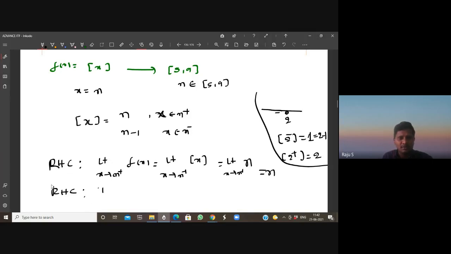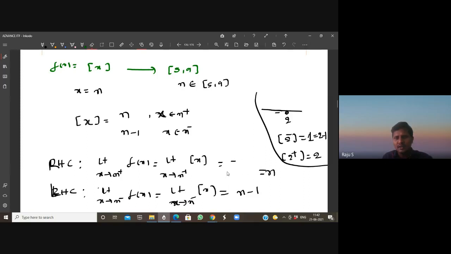Plus means RHC, minus means LHC. So limit as x tends to n minus of the greatest integer function, here you can write directly n minus 1.